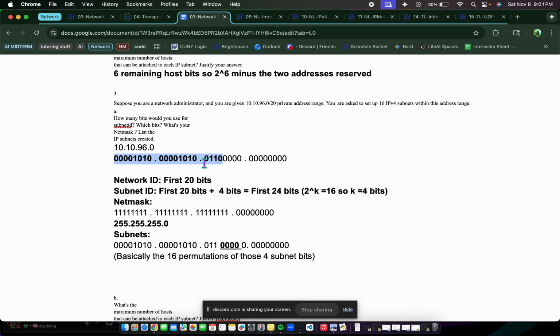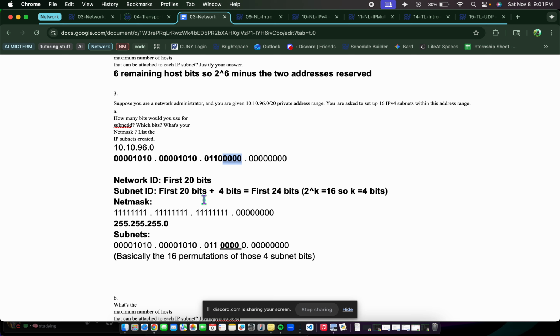But now we need enough extra bits to set up 16 subnets. So we put it into our formula again: 2 to the k equals 16. We know k has to be 4, because 2 to the 4 is 16. So 4 extra bits are going to have to be used for the subnet: 1, 2, 3, 4, these.